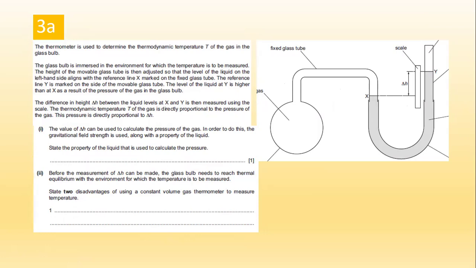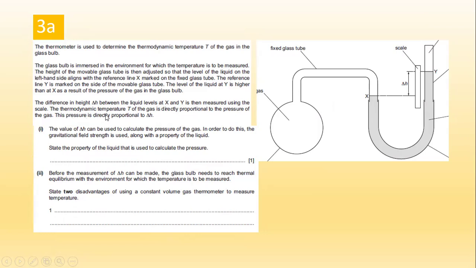As a result, the pressure in the gas is a pressure of the gas in the glass bulb. The difference in height, delta H, between the liquid level at X and Y is then measured using the scale. The thermodynamic temperature T of the gas is directly proportional to the pressure of the gas.